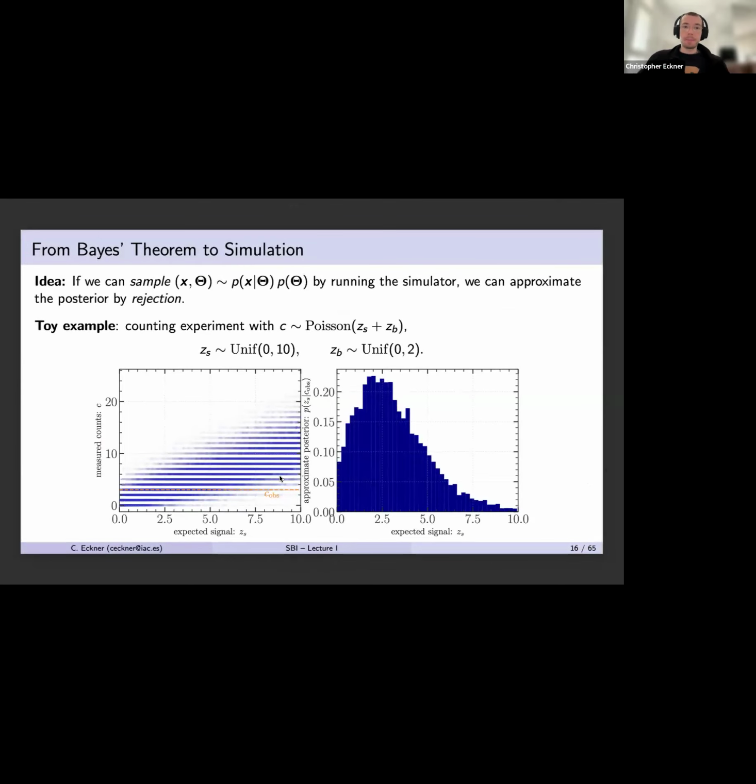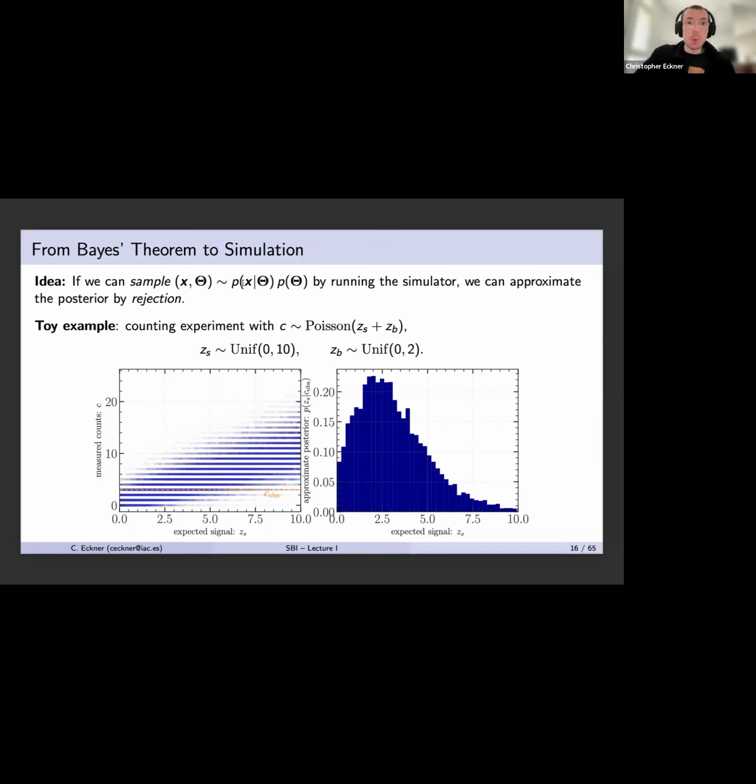So, as I said, what we can do is approach this problem just by simulations. If we can sample from our joint probability density by running any simulator, whatever that might be, we can just approximate the posterior by rejection.